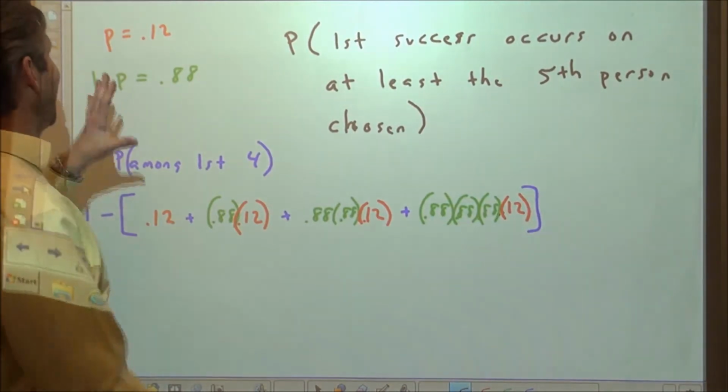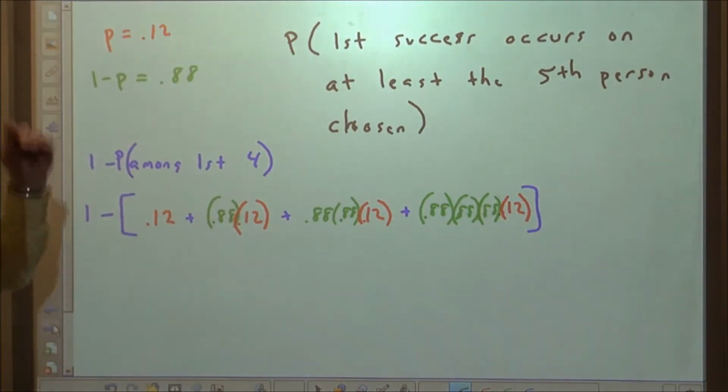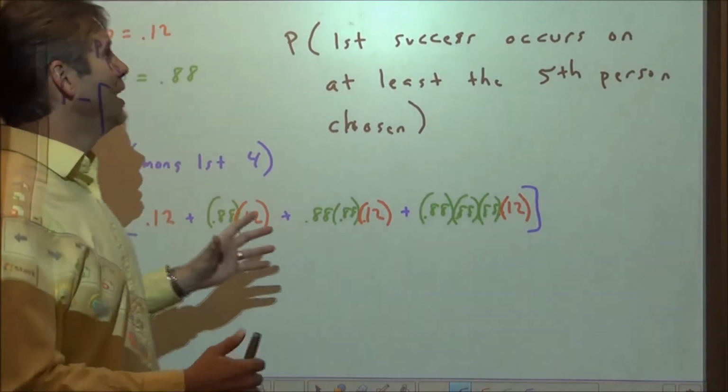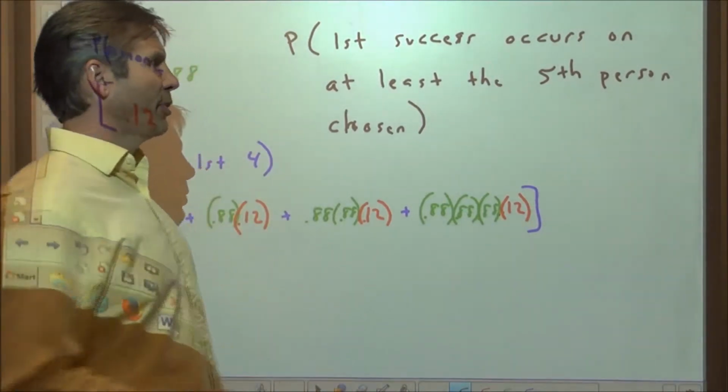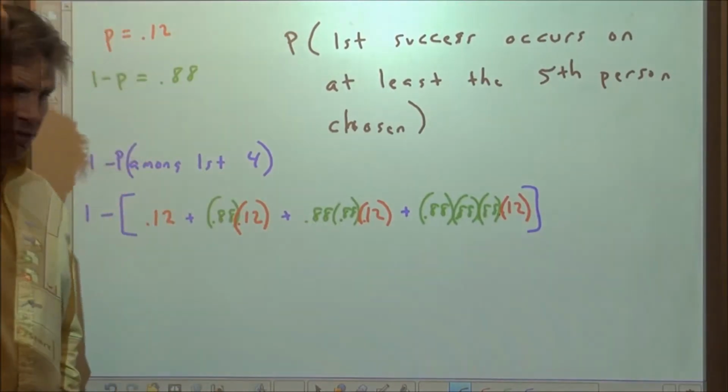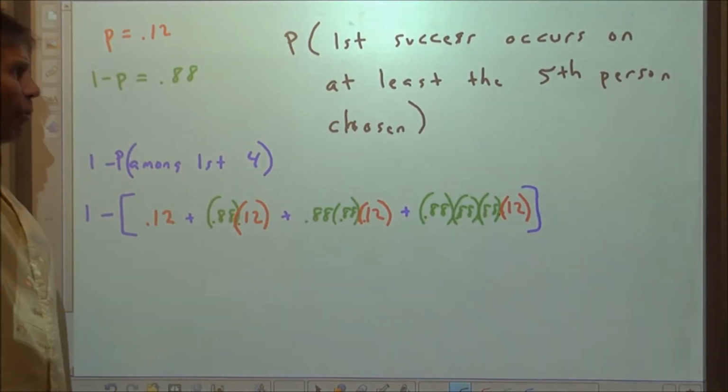And then, again, going back to the success rate and the failure rate, this is about the trickiest one we'll see. What's the probability we get our first success occurring on at least the fifth person chosen? So we just want to think that through, and there's a couple ways that we could do that.